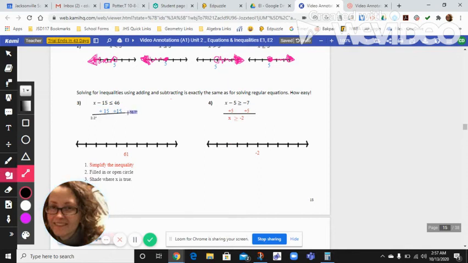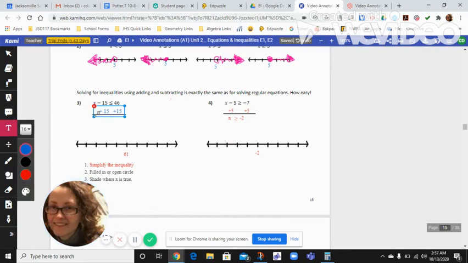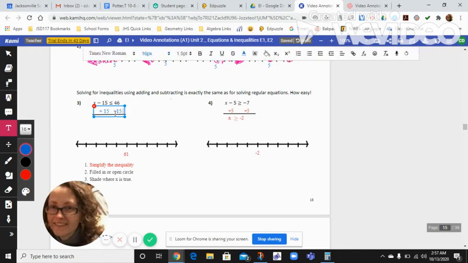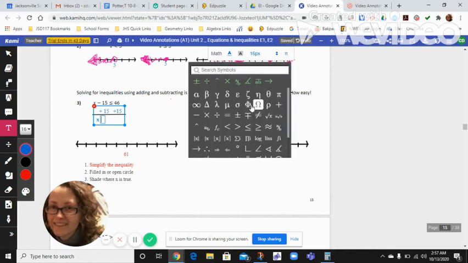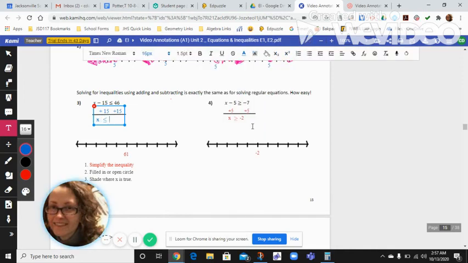So I'm going to take and add 15 to both sides, and I get x to be less than or equal to 61.